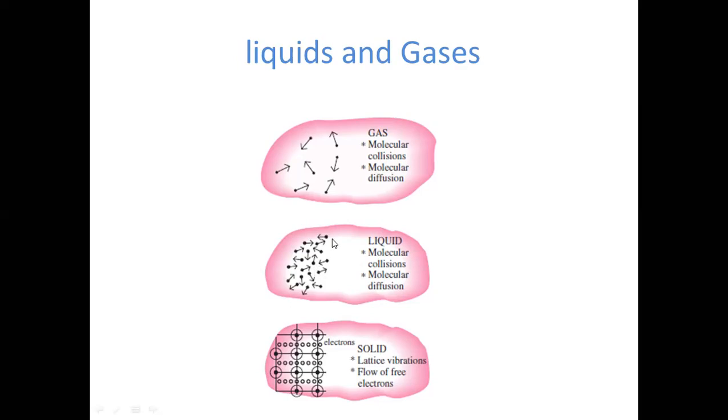This is called diffusion. Again, while going from here to here, there will be collision. These molecules will get energy and collide with this one. Again this molecule will get energy and collide like this. Because of getting the energy, the molecule will transfer the heat from one position to another position.